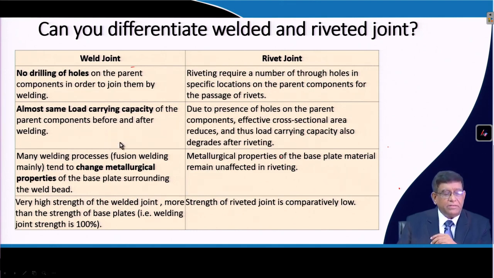Now there is the load carrying capacity, the strength. After welding you may get almost the original strength, but in case of rivet it will be somewhat reduced. Similarly, many welding processes like fusion welding change the metallurgical properties because they are subjected to very high heat.